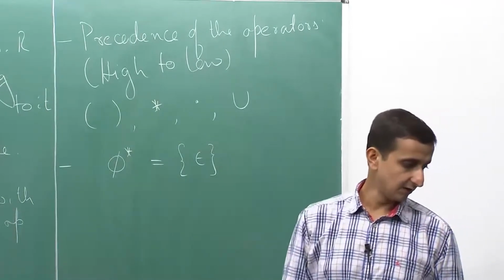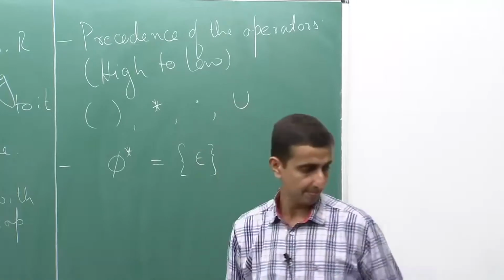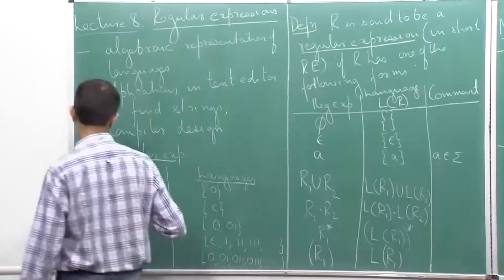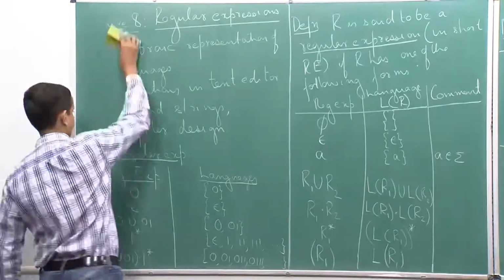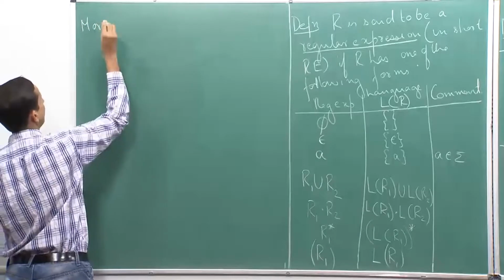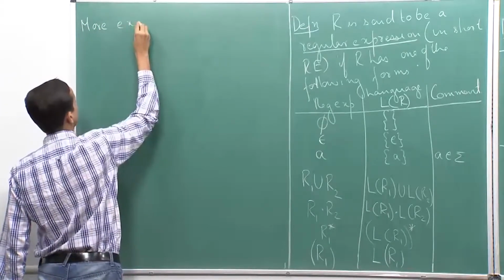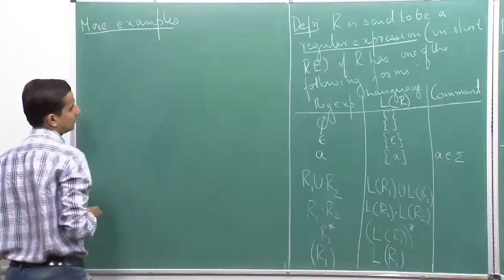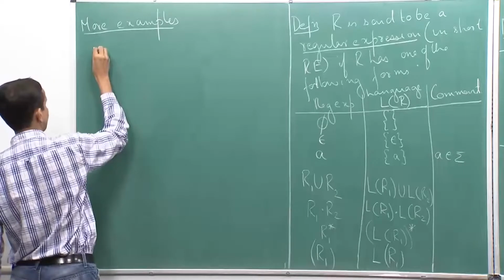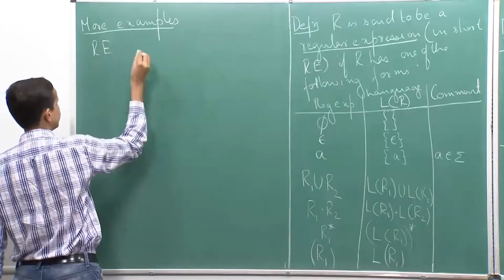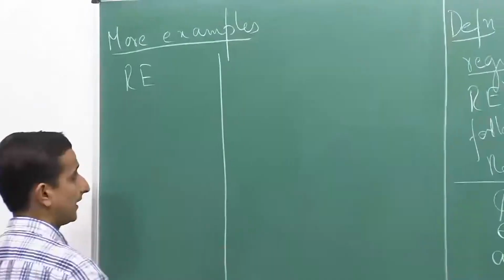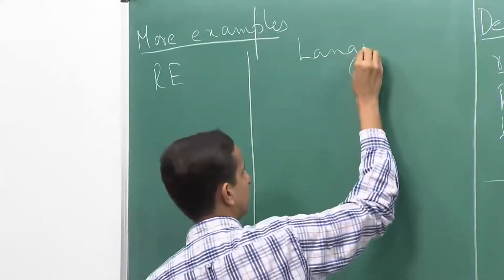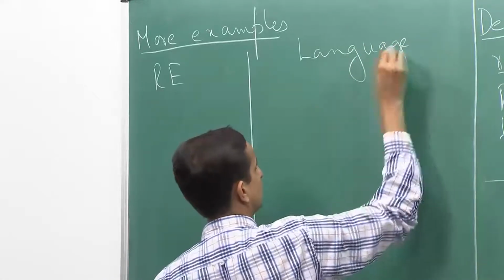Okay. So, now let us look at more examples. So, I will look at some more examples. So, we will have regular expressions on one side, and we will look at the corresponding language.